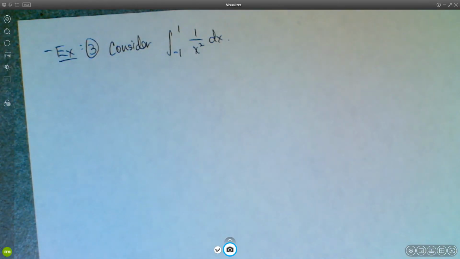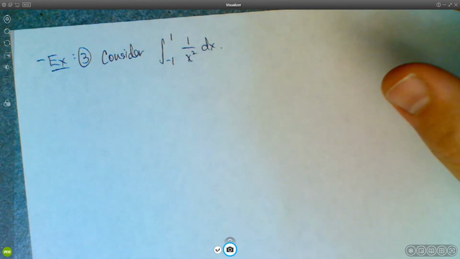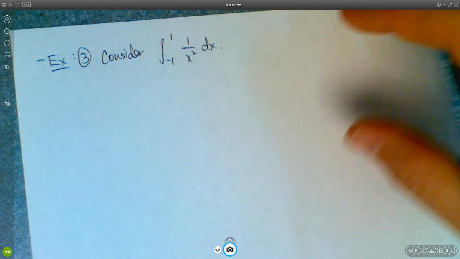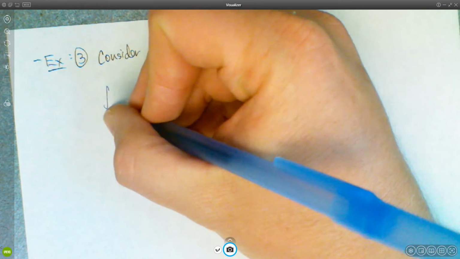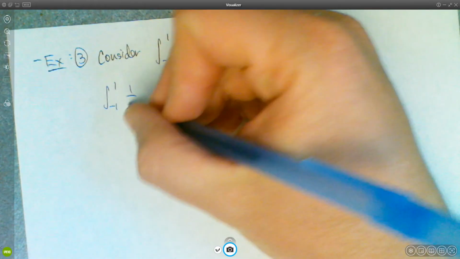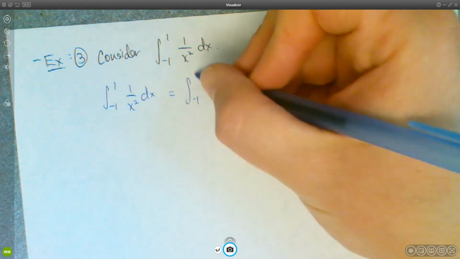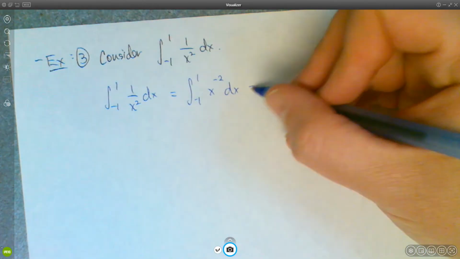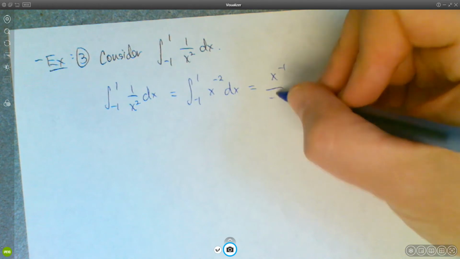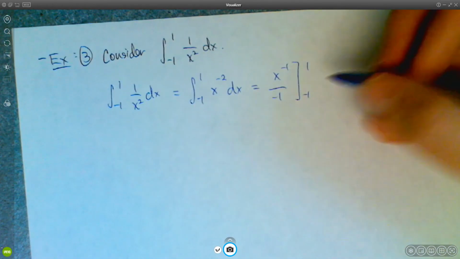Now, if you ignore the criterion that f be continuous on [a, b], then you might say this. You might say, okay, I can find this integral. This is just x to the -2. So I'm going to add 1 to the exponent and divide by the new exponent. That's not bad, right?